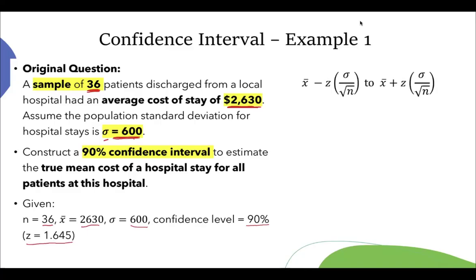So here's our formula again. We're going to plug in those values and calculate the confidence interval. So let's say 2630, that's the X bar, and here's where we use the negative Z-score, minus 1.645 times 600 divided by the square root of 36, and this is the range, so this is the upper side now. 2630 plus 1.645 times 600 divided by the square root of 36.